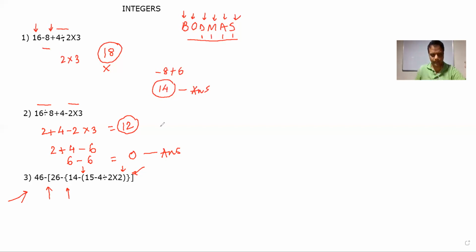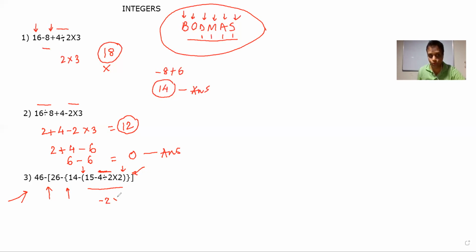Let's see how we do it. I'm going to do it step by step. So I have to first solve the small bracket. But don't forget that even if we are going inside the bracket, we cannot forget BODMAS. So what I'm going to solve here is first minus 4 divided by 2, right? What do I get? Minus 2, right?